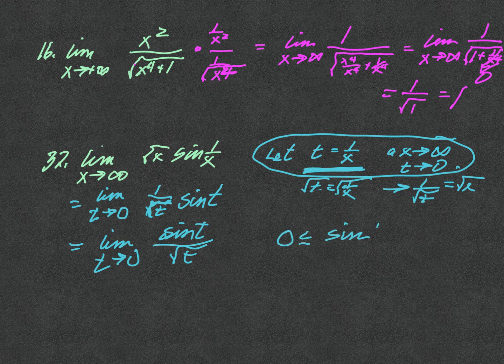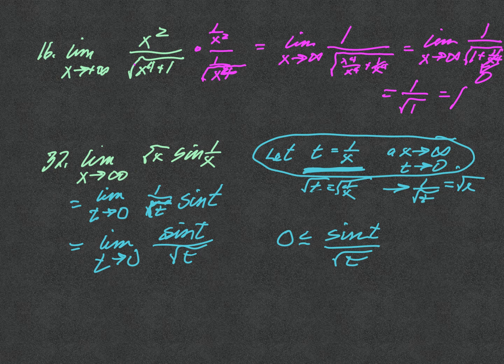Now, why is that true? Well, sine t varies from 0 to 1 over its whole domain, so the numerator is between 0 and 1, and t is always going to be some number. So this will always be a little bit bigger than 0.